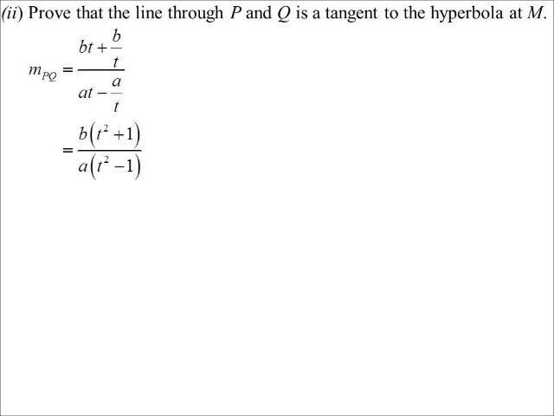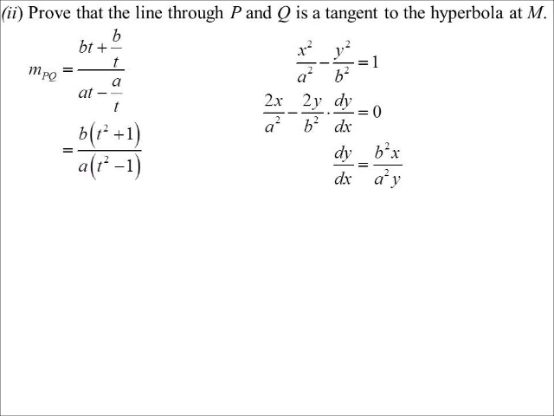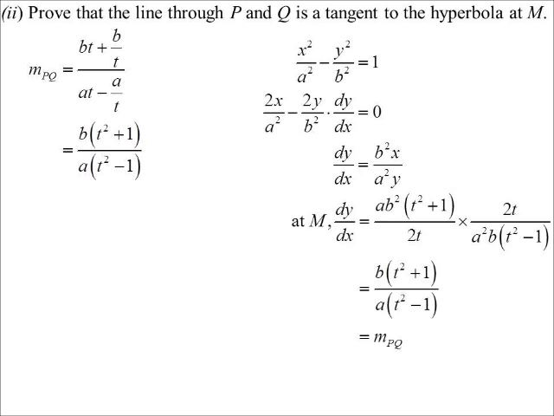I then wanted to find the derivative, because what I want to basically say is this is going to be the slope of the tangent. So dy/dx is b squared x on a squared y. At M, substituting in, we get, sure enough, the same slope.